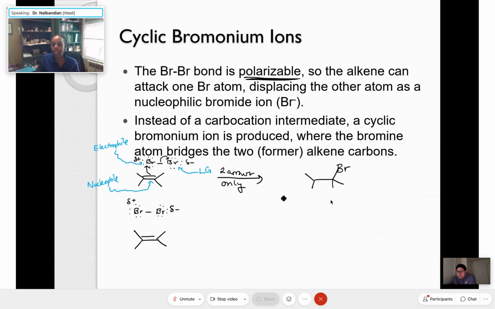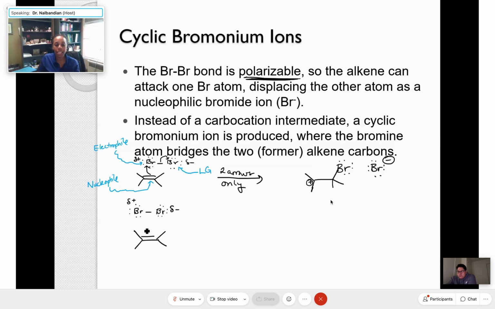So bromine is added, bromide has a negative charge. So something has a negative charge, something has to have a positive charge. This carbon here has a positive charge. The carbon that was in a double bond to the other carbon, now it is a single bond, so we have to have a positive charge.